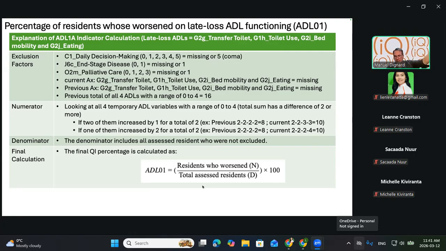Our score increases, our ADLs worsened. But for the late loss, you need to have a difference of a total of 2. It's a summary of all 4.